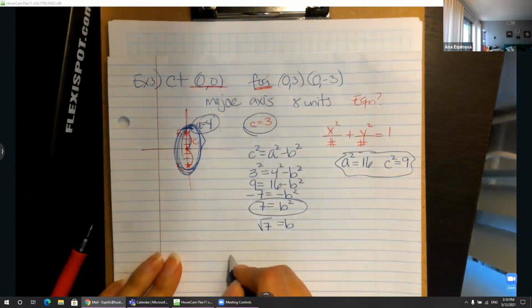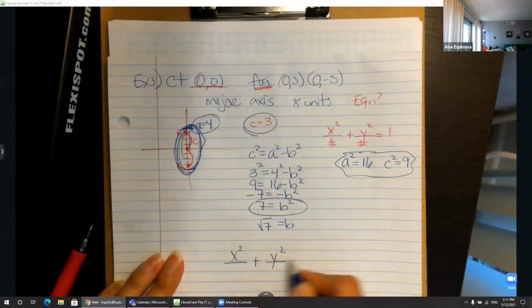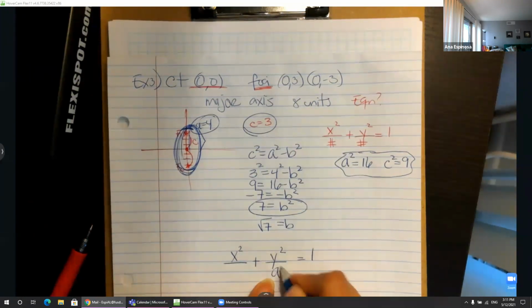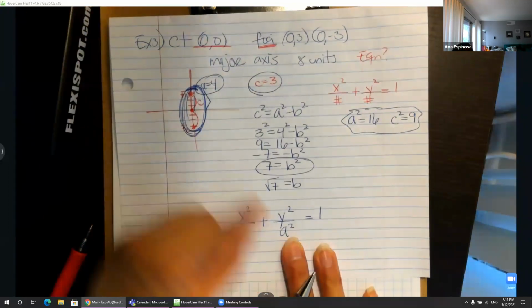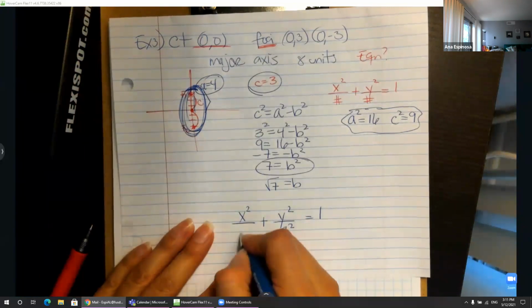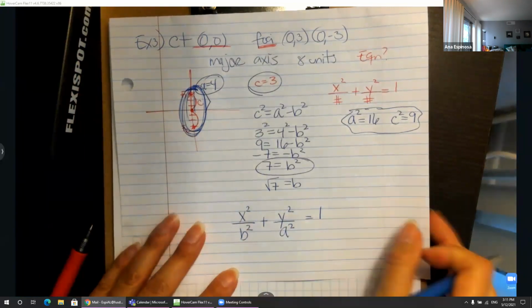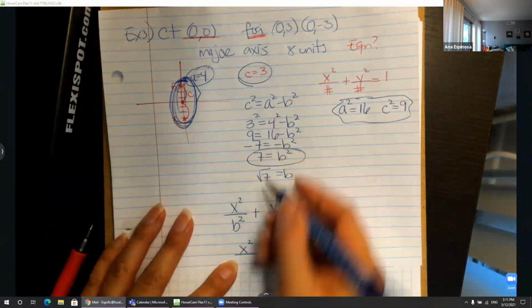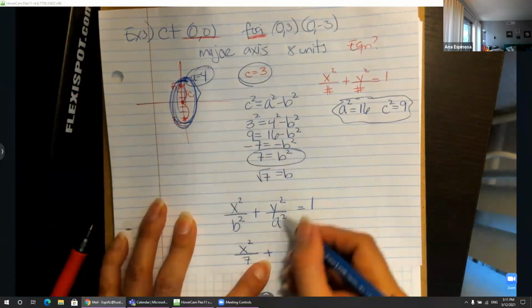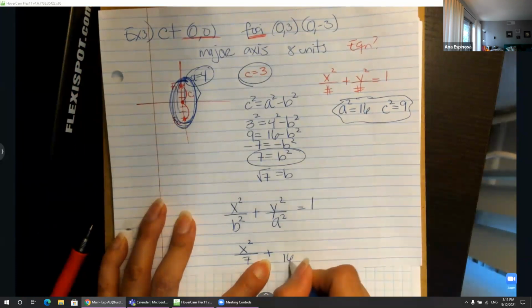So I should be having x squared, y squared equals 1. My a squared better be under the y. Because remember, a squared is the longest, and that's on the long side. And this should be b squared. So my final answer should be x squared over b squared, which is 7, plus y squared over a squared, which was 16.